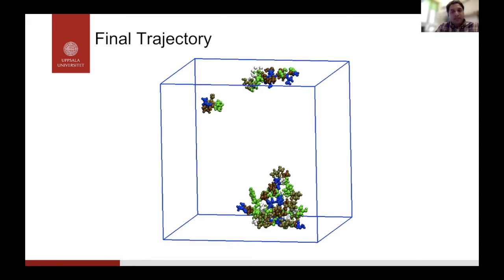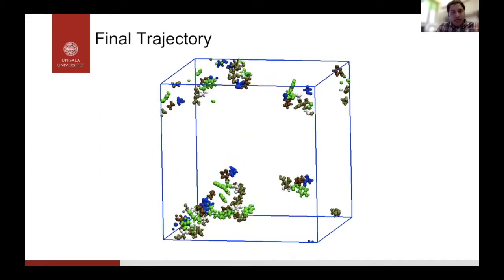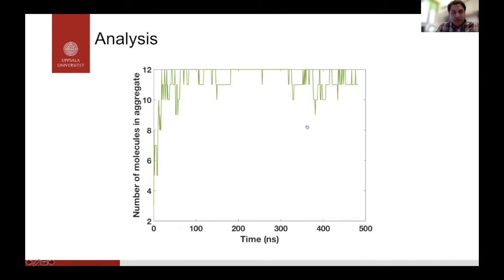But in addition to those, you can also use your Python coding. You can use helper software like MDAnalysis in your Python coding to perform more sophisticated analysis of these trajectories. Like, once this simulation is done, we can work out how many of the molecules were in aggregates during the trajectory.